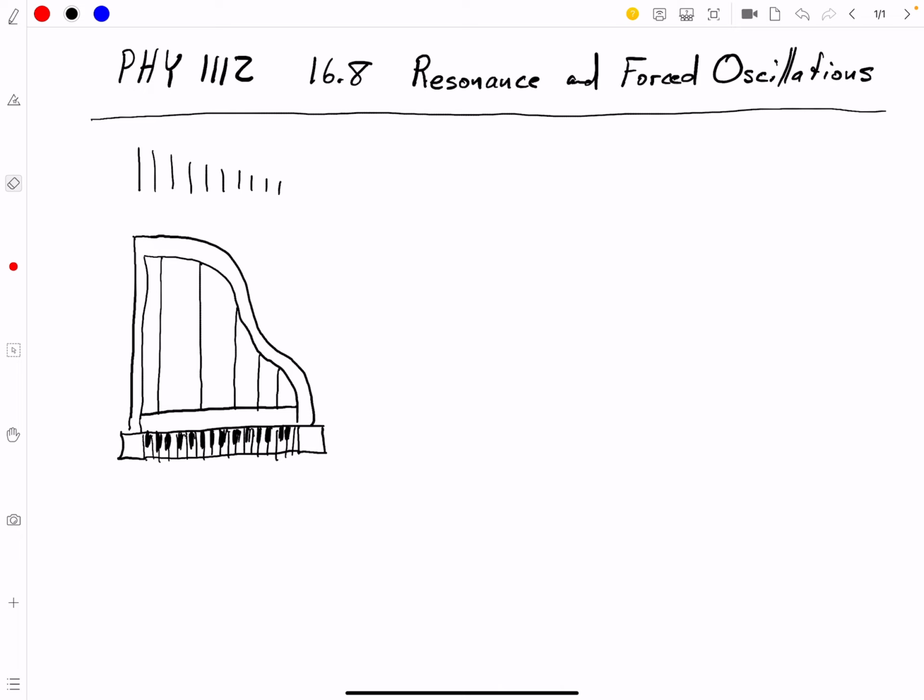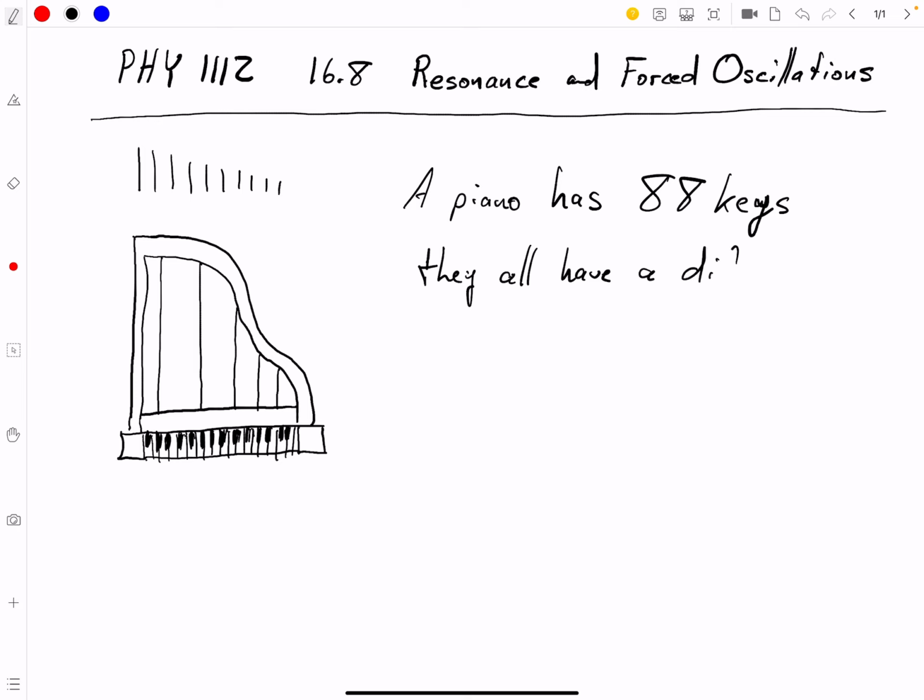Well, let's get our piano here. A piano has 88 keys, and they all have different frequencies.